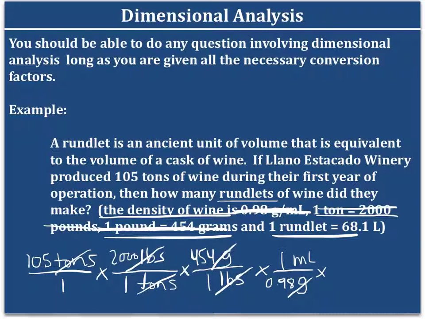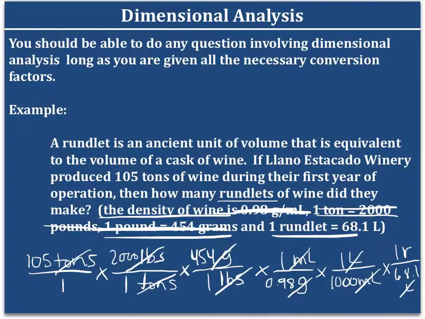So let's convert our milliliters to liters. And this isn't in parentheses because this is one that you should just know. All right, so now we're in liters. So now we can convert into rundlets. And I'm going to run out of room, so I'm just going to say 1 rundlet is 68.1 liters.